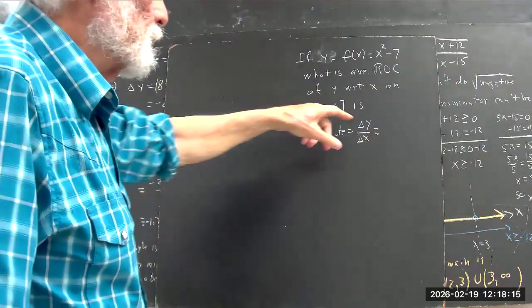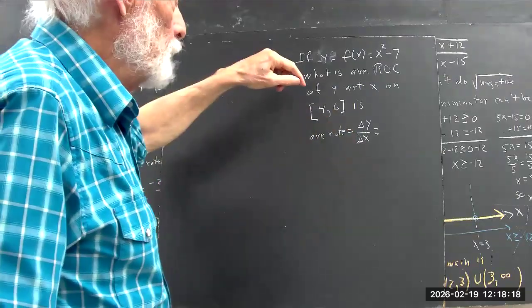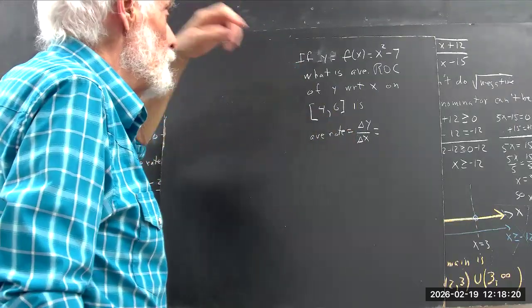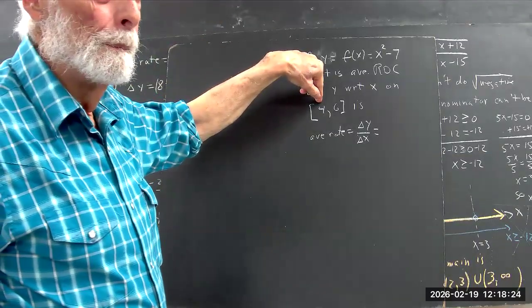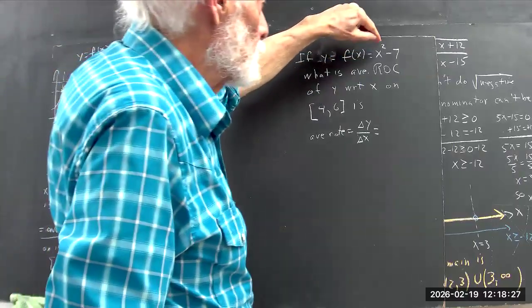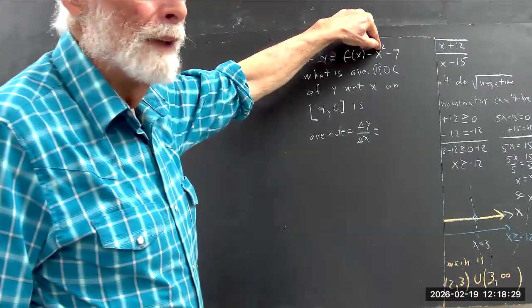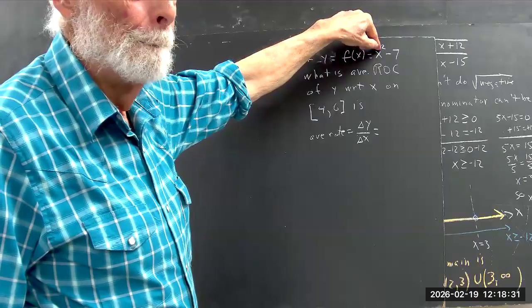Now, what's delta y? Y changes. Well, if x equals 4, what's the value of y? Well, f of 4 is 4 squared minus 7. That's 16 minus 7, which is 9.